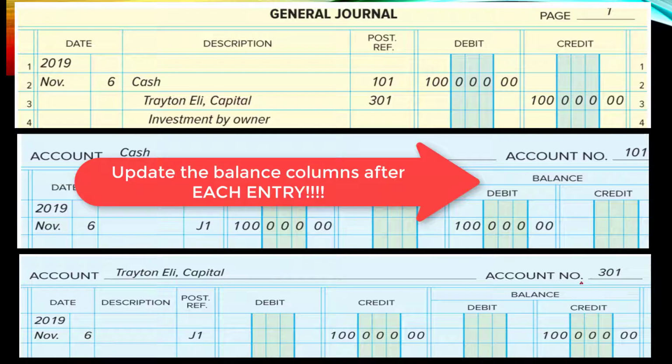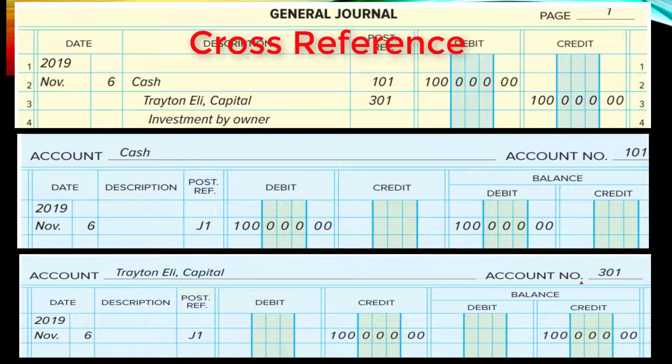In the process, we then cross-reference. In the journal, we write the account number, where the account was posted to. 101 represents the account number for cash, and 301 represents the account number for capital.